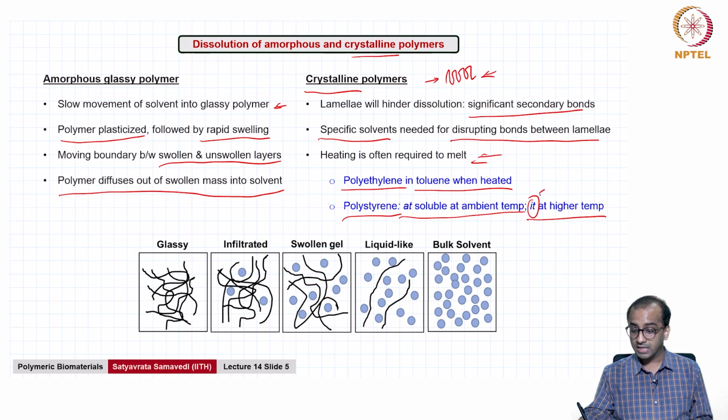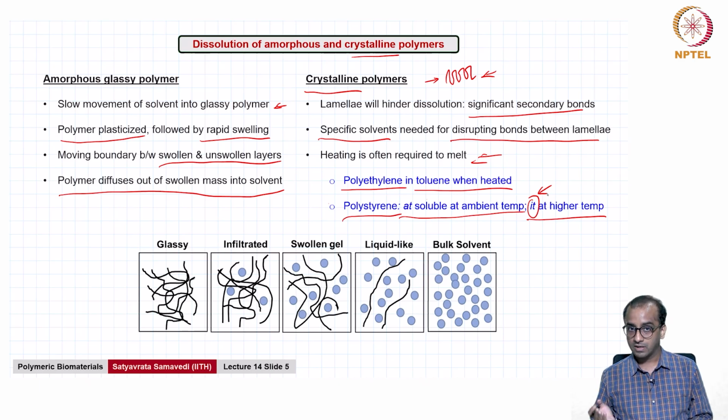You have to associate isotacticity with more order, higher degree of secondary bonds, which means it's going to make it harder for a solvent to penetrate and break those bonds, as compared to largely amorphous atactic polystyrene, where there is no long range order, so the solvent can easily penetrate.